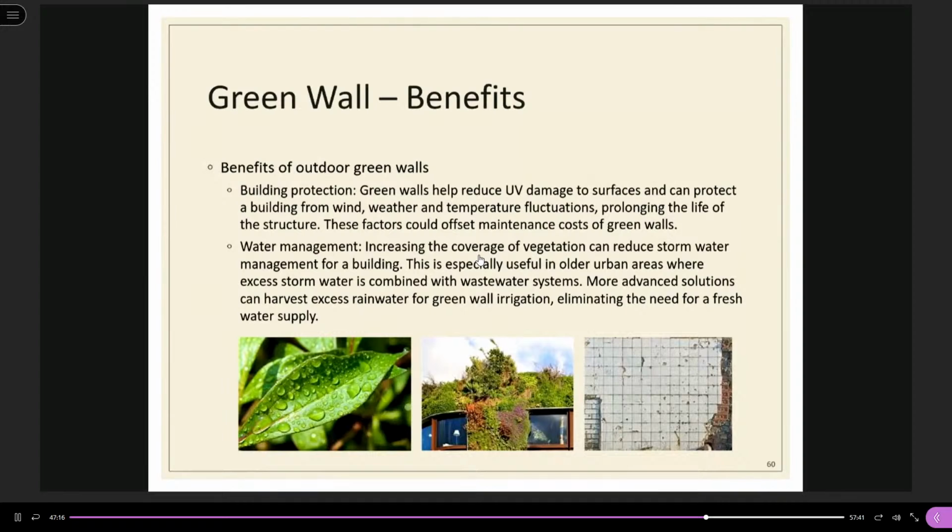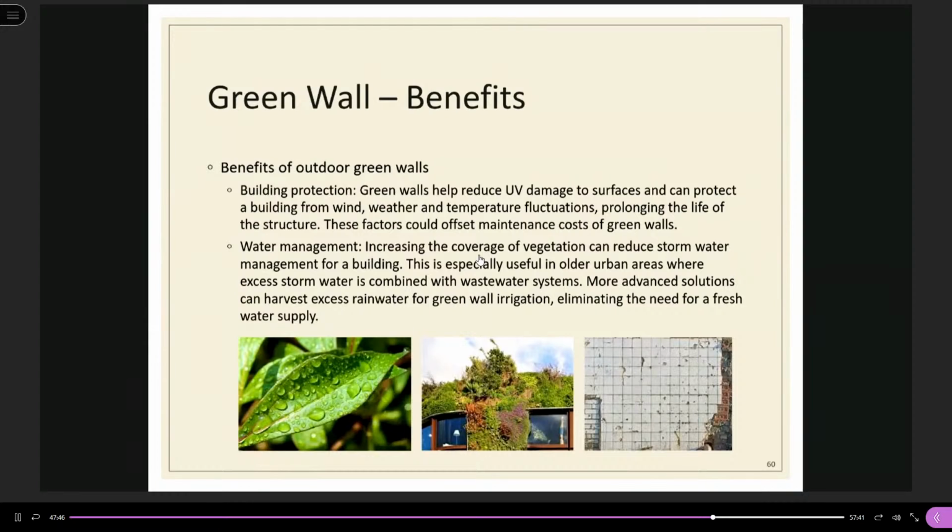So the UV may damage the facade materials, especially the paintings and the tiles. So green walls cover the facade with plants and absorb the UV light. So green walls help reduce the UV damage to the building surfaces, and can protect the building from winds, weather, and temperature fluctuation, prolonging the life of the structure.